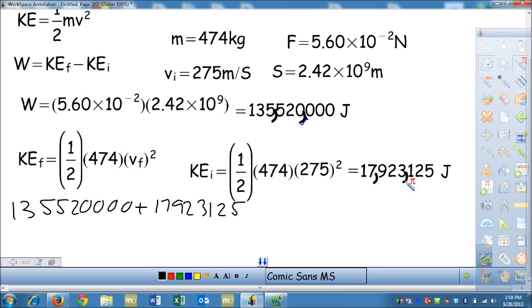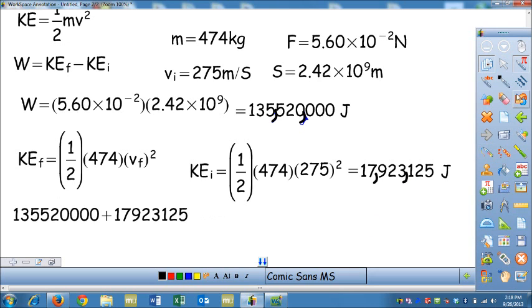I've already got the 17,923,125 in my calculator. I'm just going to add 135,520,000, and there's my answer. That is equal to 153,443,125.